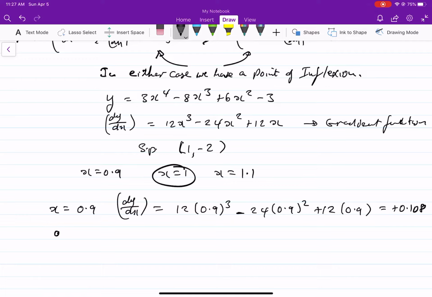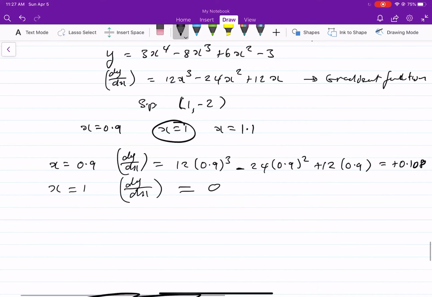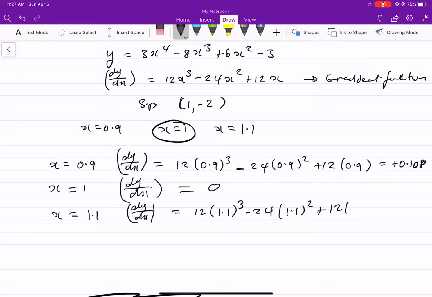We know at x equal 1, I don't have to plug that value into dy/dx, because I know when x is equal to 1, I have a stationary point. So dy/dx is 0 when x is 1. And then just after the stationary point itself, when x is equal to 1.1, dy/dx is equal to 12 times 1.1 all cubed minus 24 times 1.1 all squared plus 12 times 1.1. I crunched that value also before, and I got positive 0.132, a positive number there.